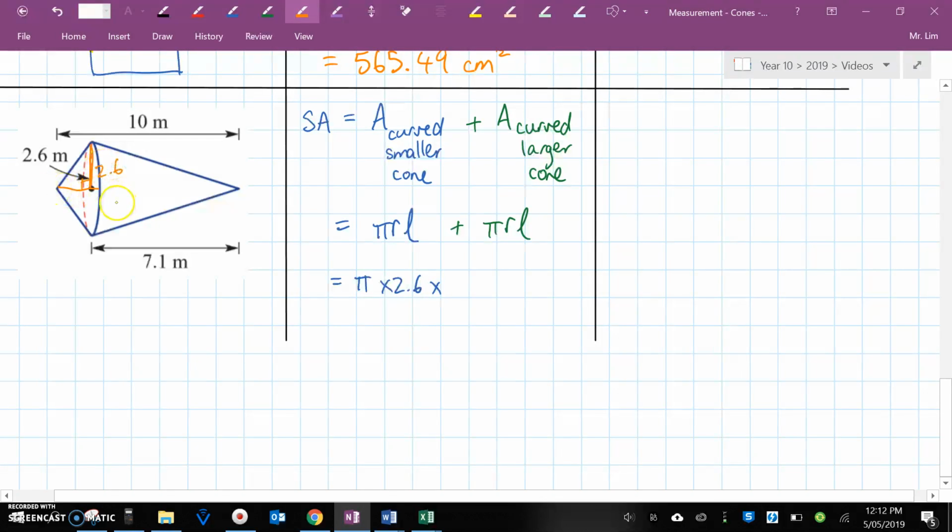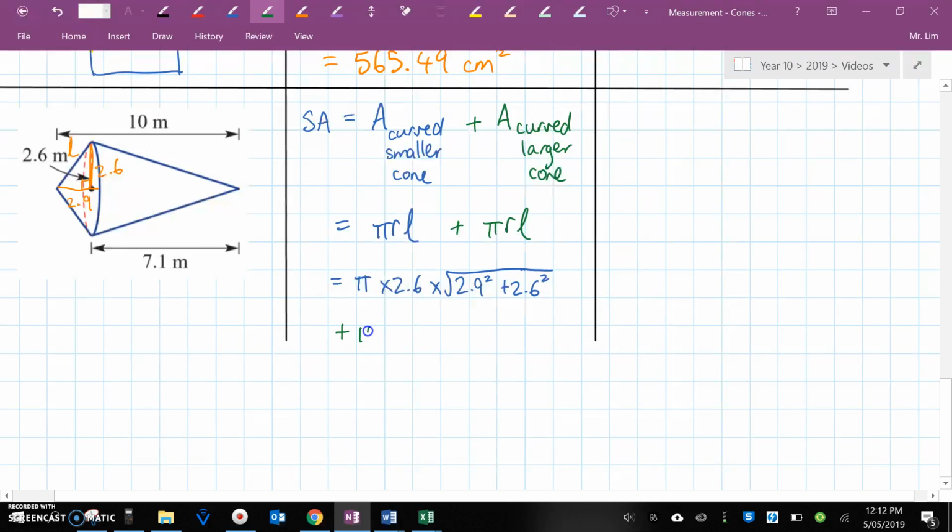This one here is 10 minus 7.1, which is 2.9. Therefore, the slant height L has to equal the square root of 2.9 squared plus 2.6 squared. It is the hypotenuse of that right angle triangle there.